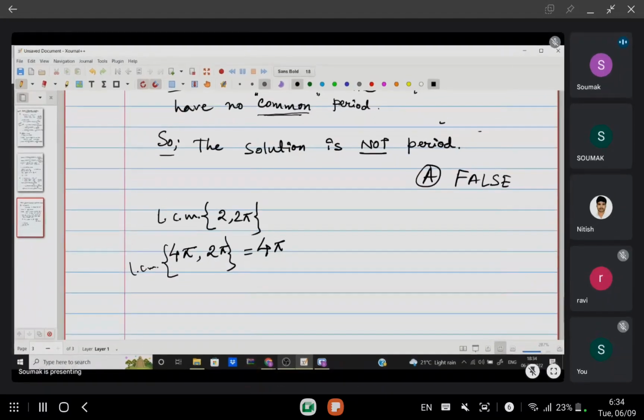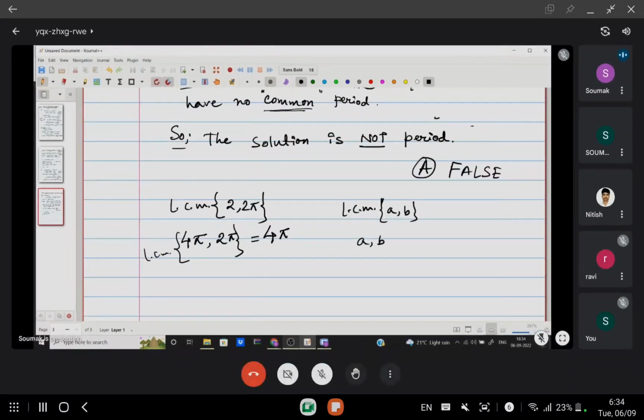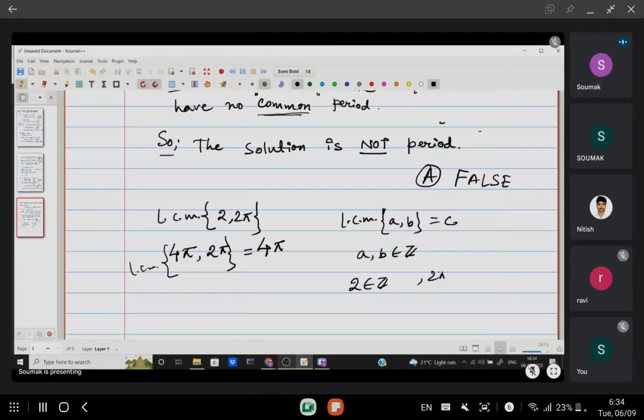The thing is that LCM can be found for numbers which belong to the same field. A comma B, where A and B both belong to Z, suppose integers, then I can write the LCM of A and B. Here 2 belongs to the integers, but 2 pi is an irrational number, in Q complement. Then you cannot find the LCM of 2 comma 2 pi; it does not exist. But we can take these numbers as real numbers, sir. As real numbers in a broader field, but here you have to restrict your field.